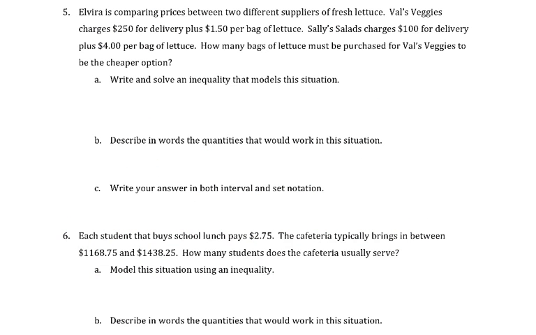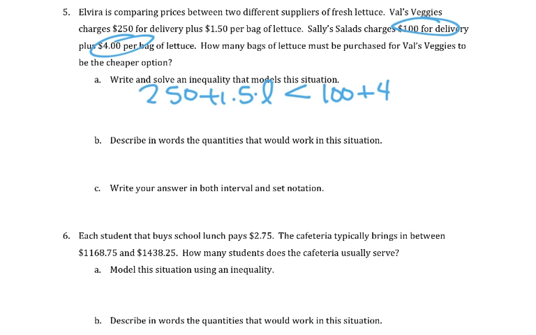So we're essentially creating one expression on each side. Val's Veggies would be $2.50 for delivery plus the $1.50 per bag of lettuce. We'll call that L. We want Val's to be the cheaper option, so that's going to be less than Sally's, which would be $100 for delivery plus 4 times each bag of lettuce.